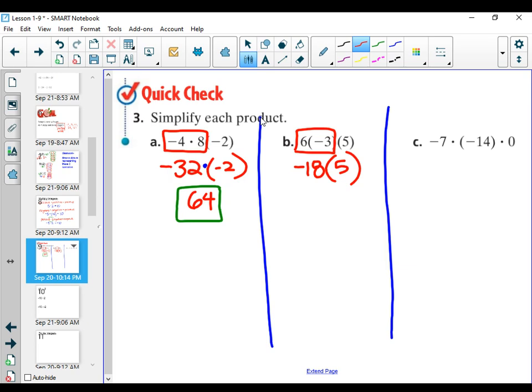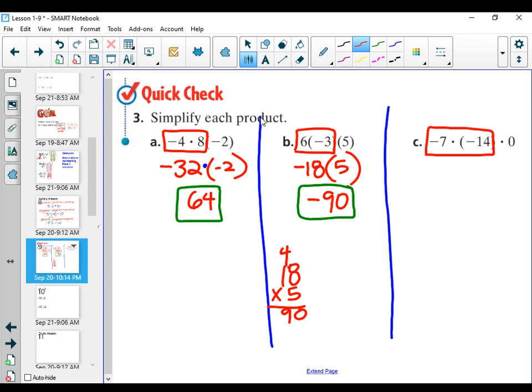Positive times a negative is a negative. Oh no, I do not know 18 times 5. I'm going to need a side problem for that. Negative times a positive is a negative. Start on the left.